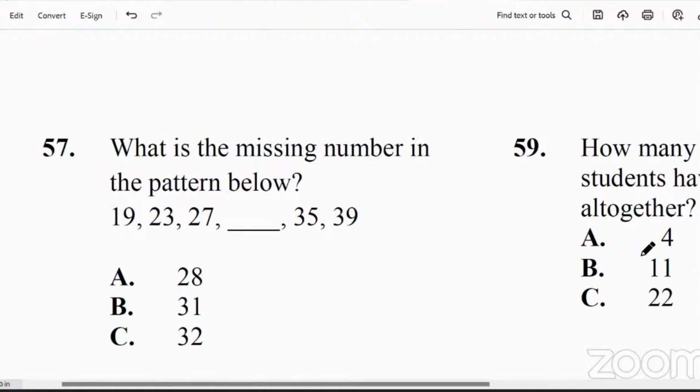If we look at the difference between 19 and 23, and then between 23 and 27, they are adding 4. So they added 4 to 19 to get 23. They added 4 to 23 to make it 27. So if we add 4 to 27, we get 31. And of course, if we add 4 to 31, we get 35. So that's the missing number in the pattern.